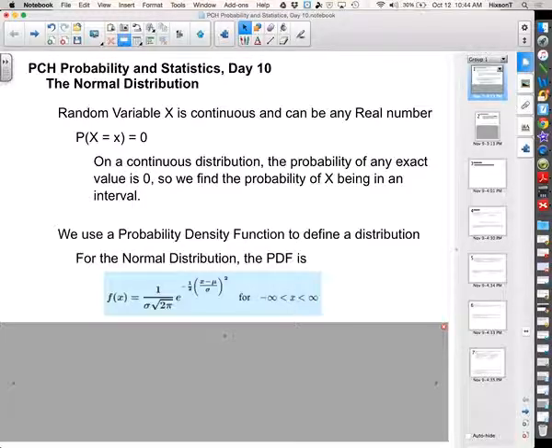But I want you to take a close look at two things that we've already talked about that are involved in that function.